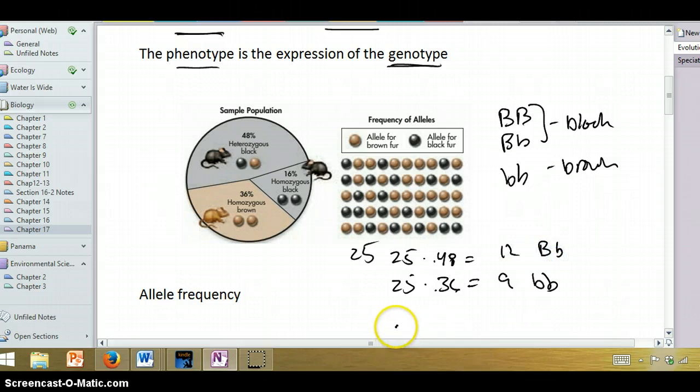And essentially the remainder, 25 times 0.16, equals 4 individuals that are big B, big B. And so you can see the distribution of the different genotypes.